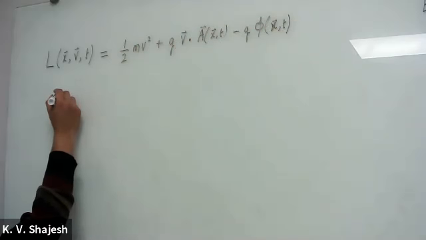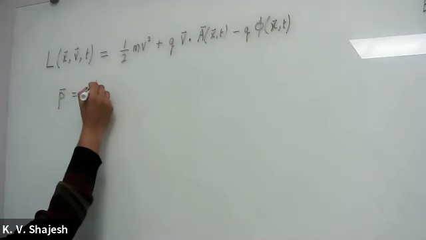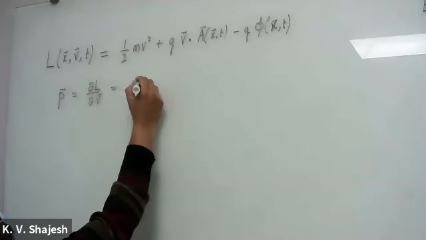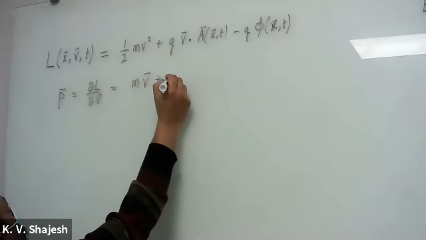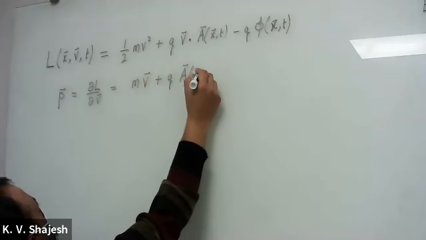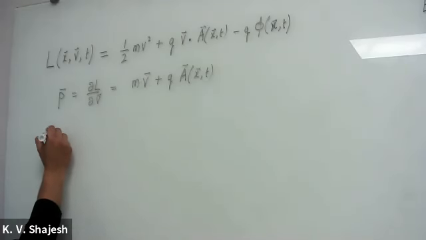Momentum is mv plus q times A. That's an explicit dependence. Then comes the Hamiltonian.